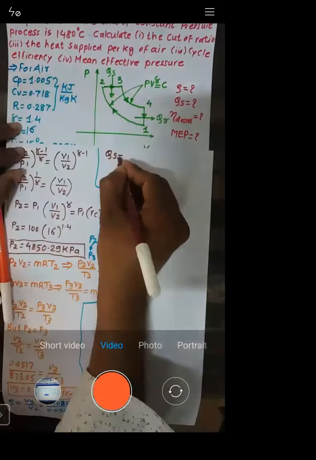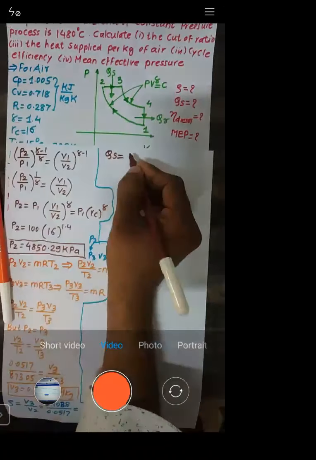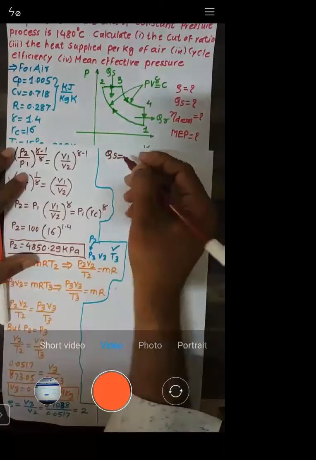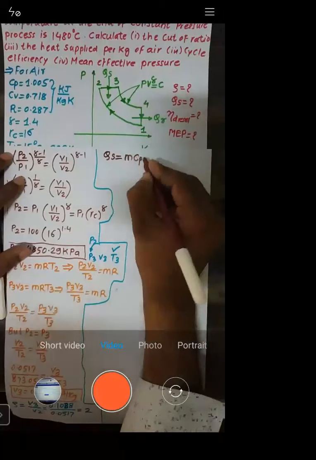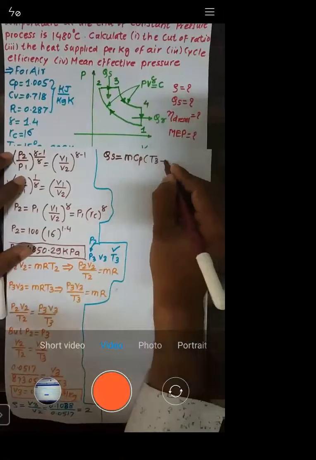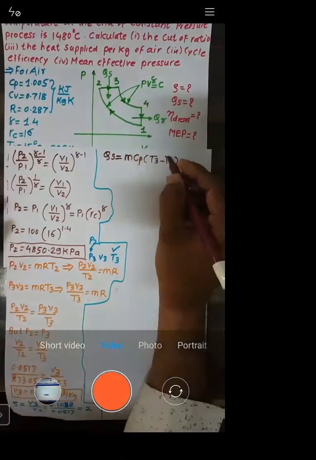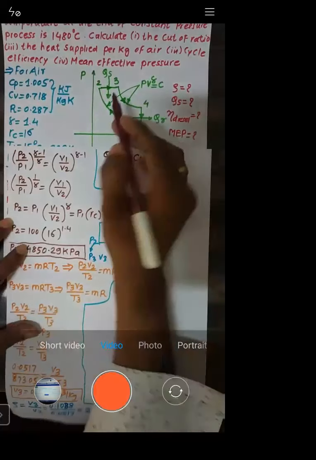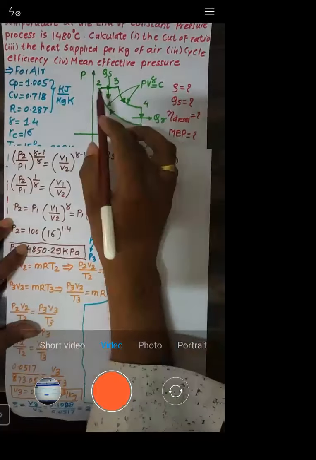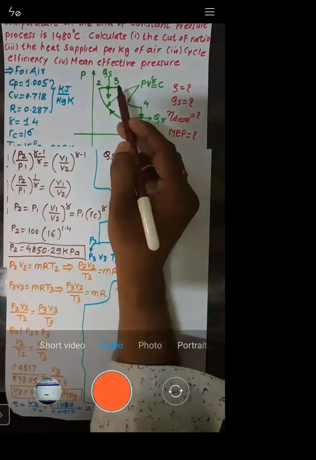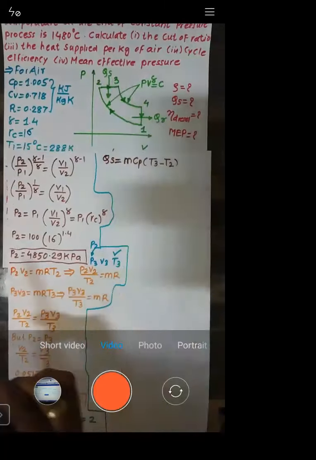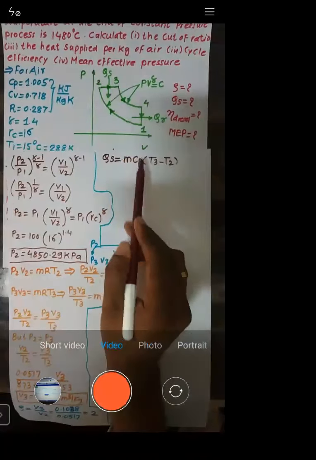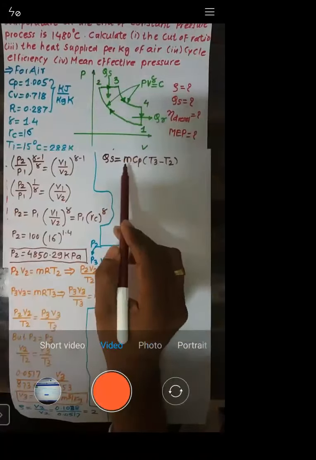So the formula is M into Cp into highest temperature minus lowest temperature. During 2 to 3, heat is supplied, so obviously the temperature after the heat addition will be greater. Why have I taken Cp? Because heat is added at a constant pressure. So that is the reason it is M Cp, right?